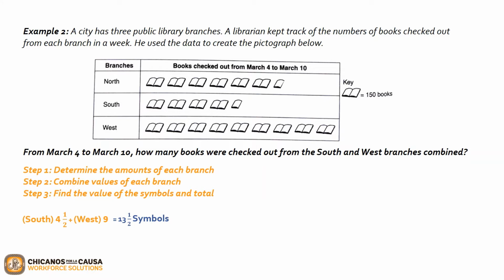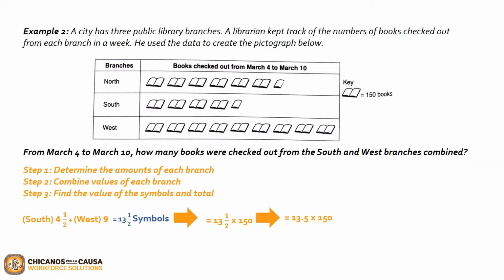Okay, so remember these are just the symbols or the images of those books but not the amount that is actually determined. So in order to find out how many books there are total, this is where we're going to bring back that key of each of those book images representing 150 books. So we're actually going to multiply 13 and 1/2 times 150. However, in order to make it a little bit easier, we're going to take that fraction and turn it into a decimal.